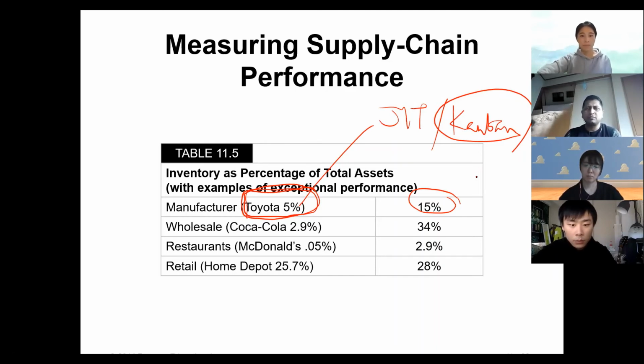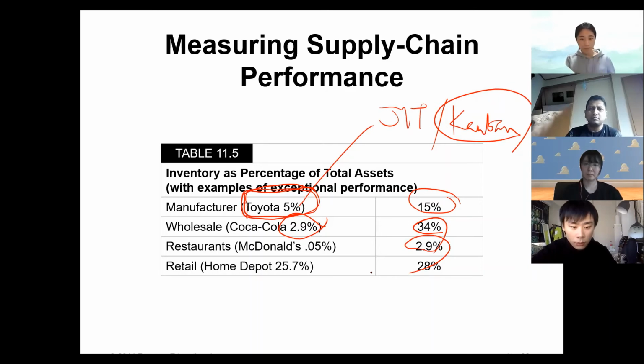Coca-Cola has 2.9%, because they make to sell. It's fast moving, and we talk about inventory turnover after this. For wholesale, 34%. Restaurants are very low, of course, because you don't keep a lot of inventory.